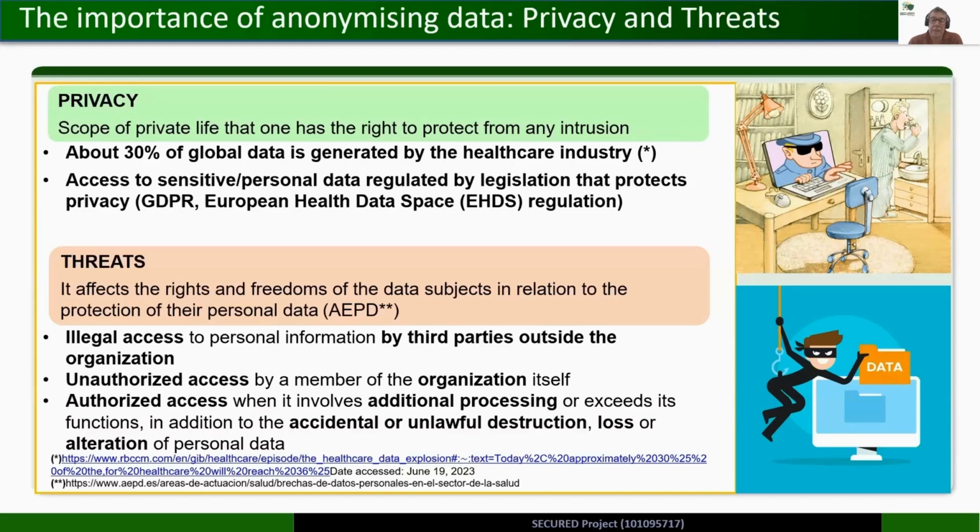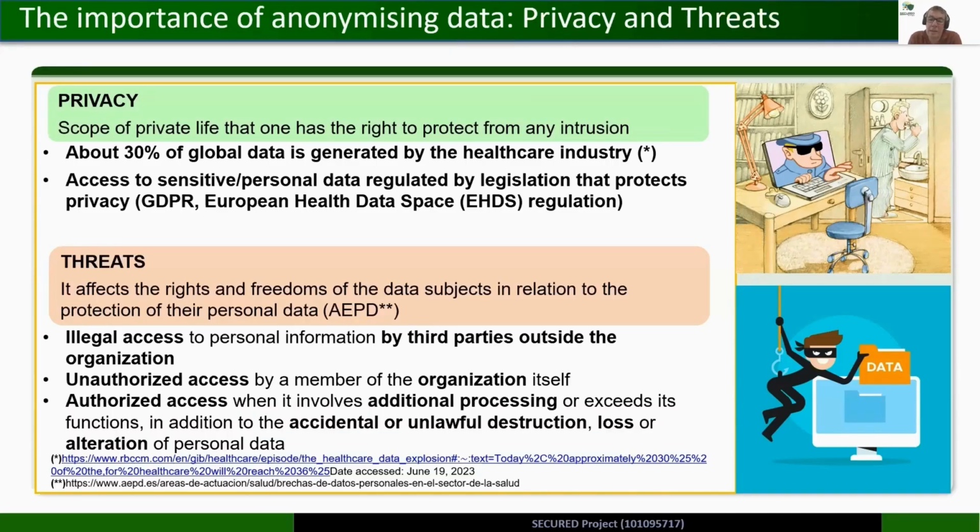The illegal access could come from outside the organization, which is common, such as hacking, but generally it is much more common from a member inside the organization. So this unauthorized access can happen.